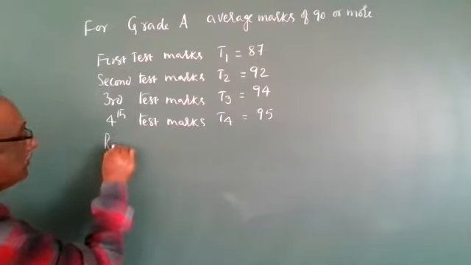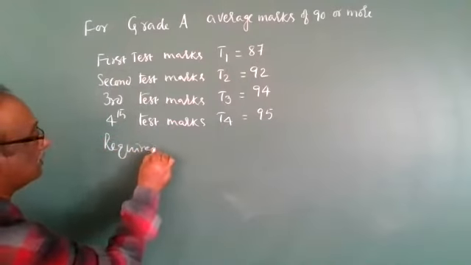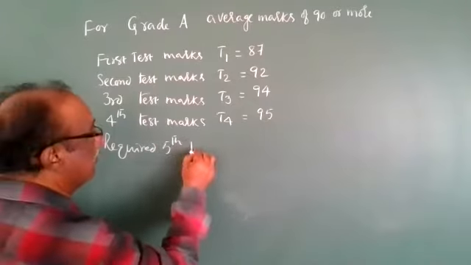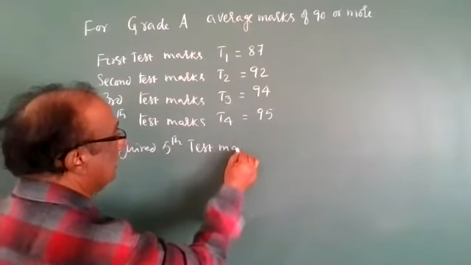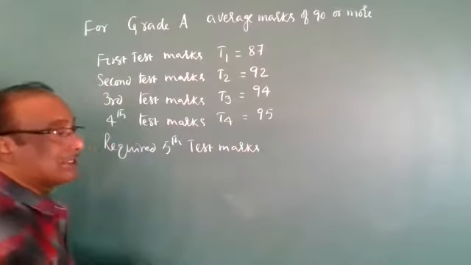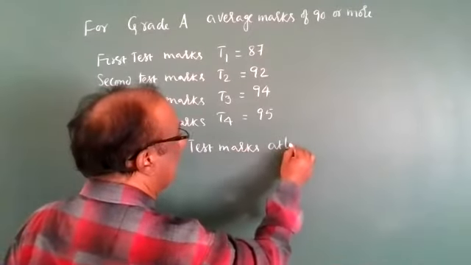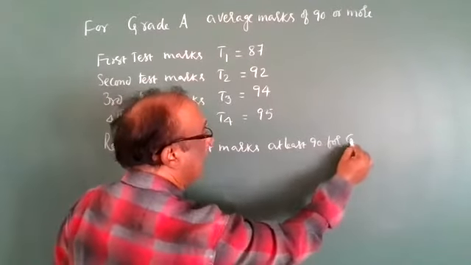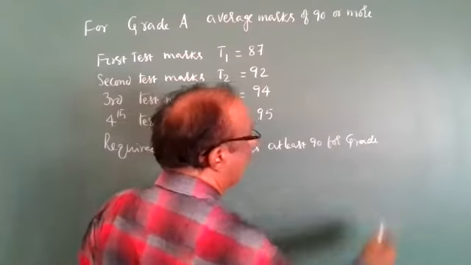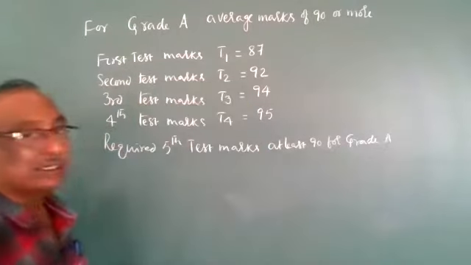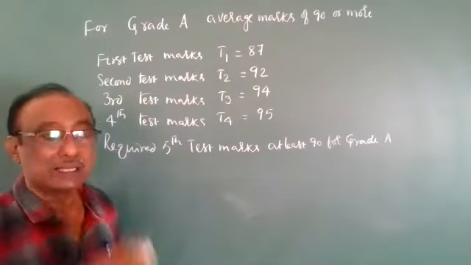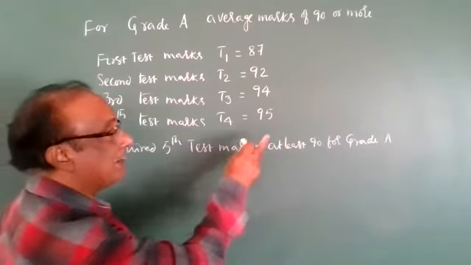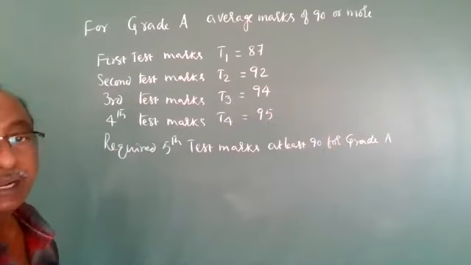The fifth test marks must be at least 90 for grade A. So the required average is at least 90 for grade A.